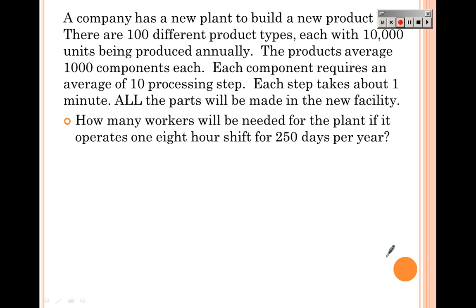It's 83,000 workers. That's a little ridiculous. They need to be working more than one shift, or they need to improve efficiency. All right, so these have been two sample problems, obviously this one much longer than the first.